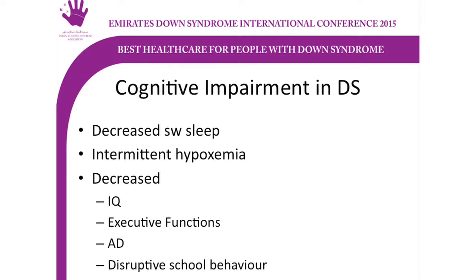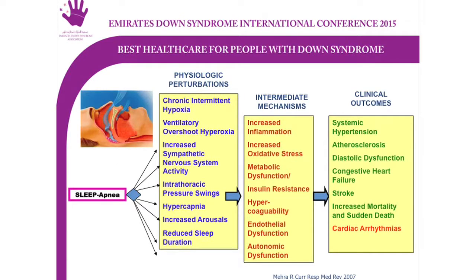Every one of us hopes that we'll spend the whole night in slow wave sleep. And because of the intermittent hypoxemia, that results in decreased IQ, reduction in the executive function, attention deficit, and disruptive school behavior.